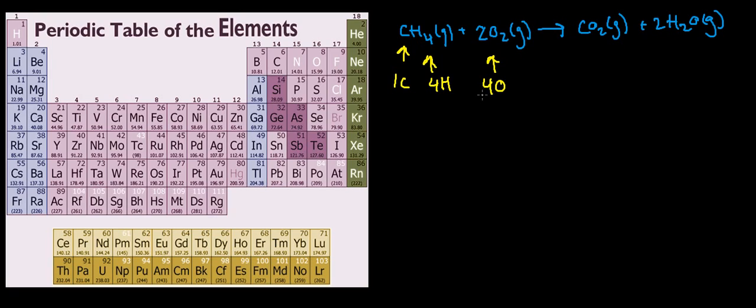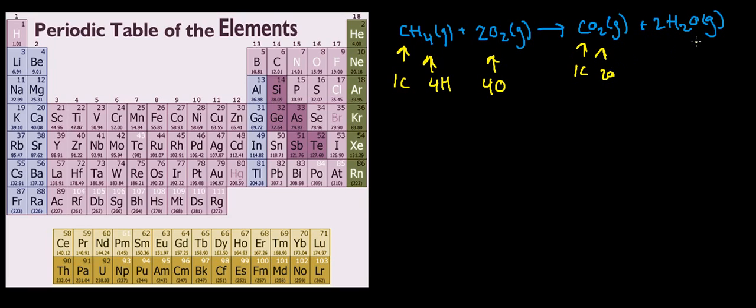So in order for this to be a legitimate reaction, mass must be conserved. If I have 1 carbon, 4 hydrogens, and 4 oxygens on this side, I had better have 1 carbon, 4 hydrogens, and 4 oxygens on this side. And here I have 1 carbon, I have 2 oxygens here, and then I have 2 H2Os, which gives 2 more oxygens.